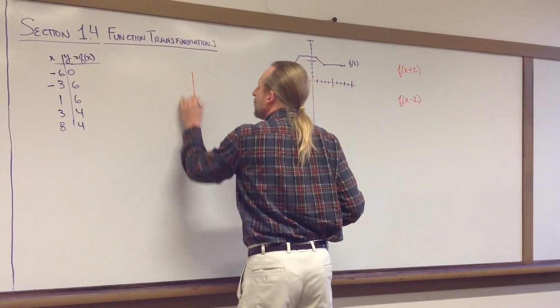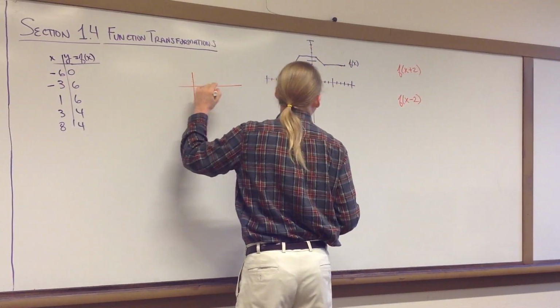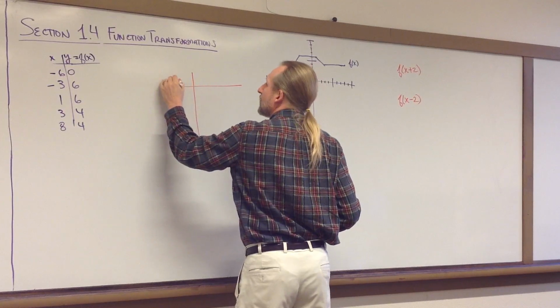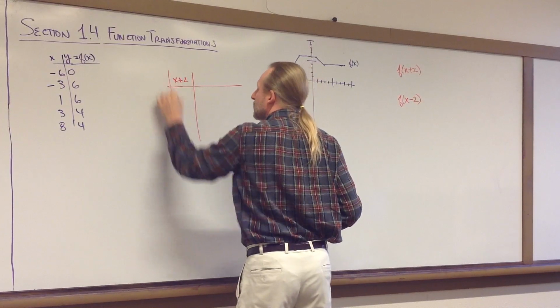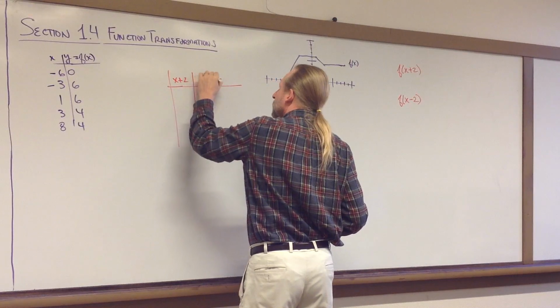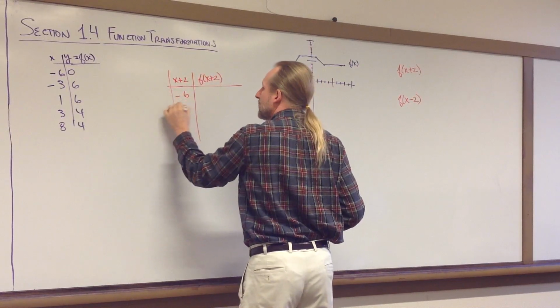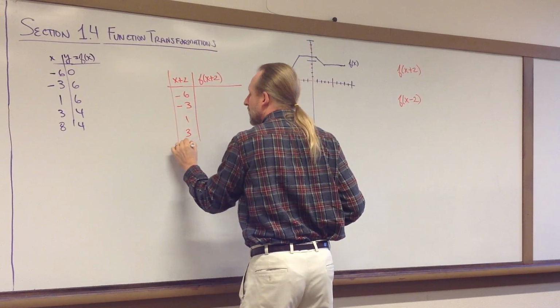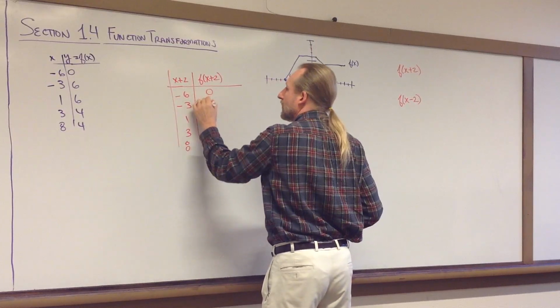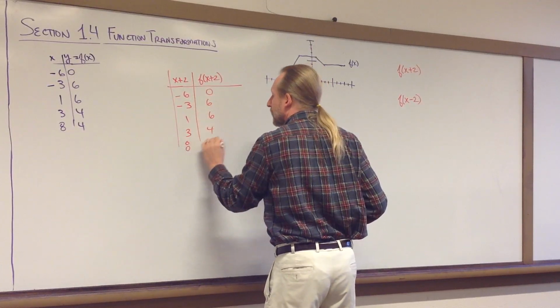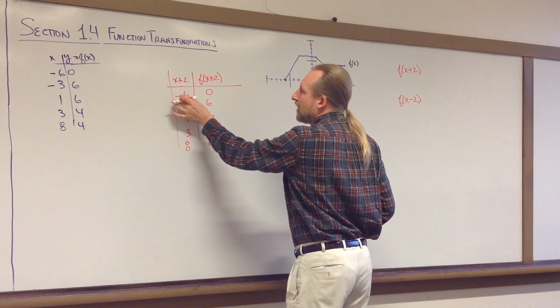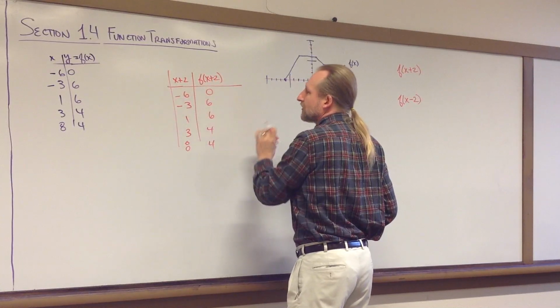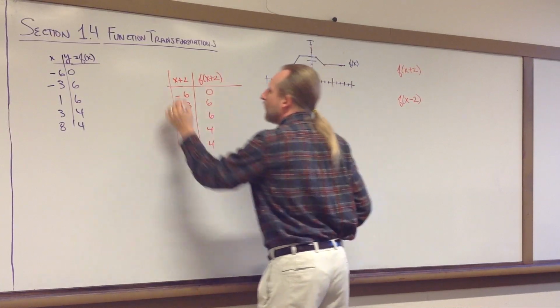So we make another table of values. If we call this x plus 2, then f of x plus 2, we'll put these same values in there: 0, 6, 6, 4, 4, right? Because when we plug a -6 in here, it gives us a y value of 0 and so forth.